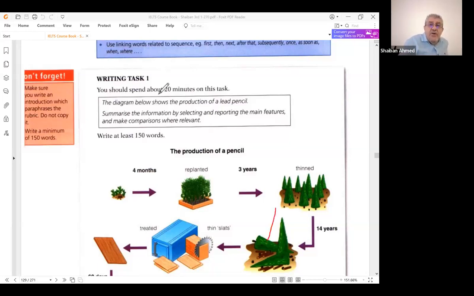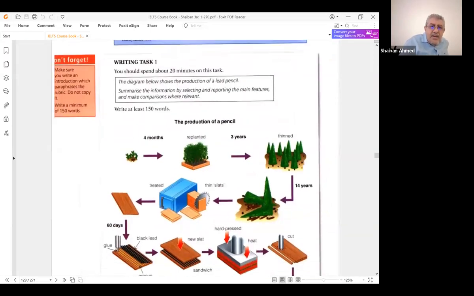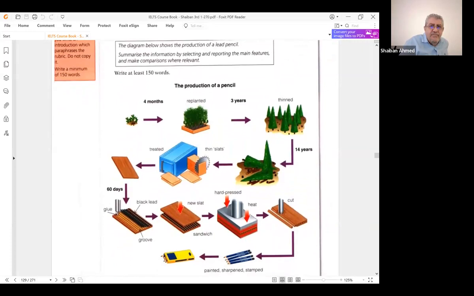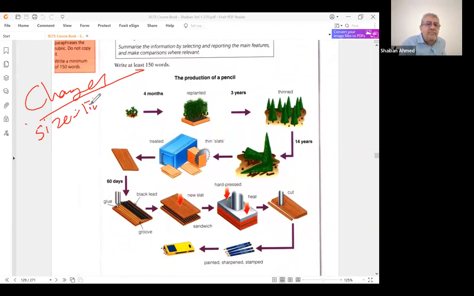But before we start the homework, could you just now think of an overview? Again, the general overview talks about, we say, changes in what? Okay, size, time, and place.